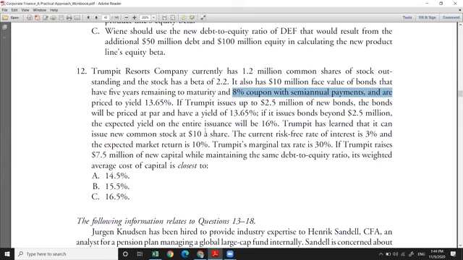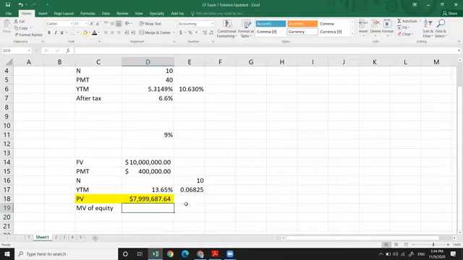The new common stock will be issued at $10 per share, and the company currently has 1.2 million common shares outstanding. Which means 1,200,000 times $10 per share. So it is 12 million dollars of market value of equity.